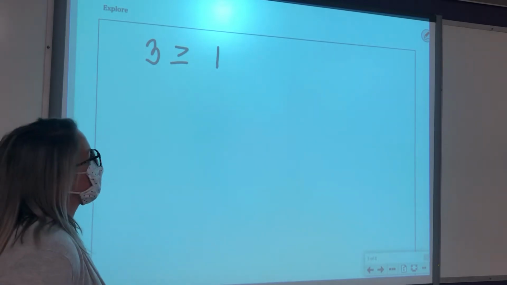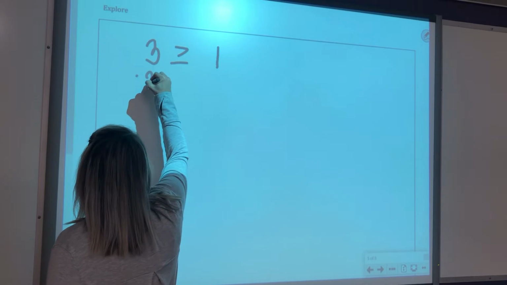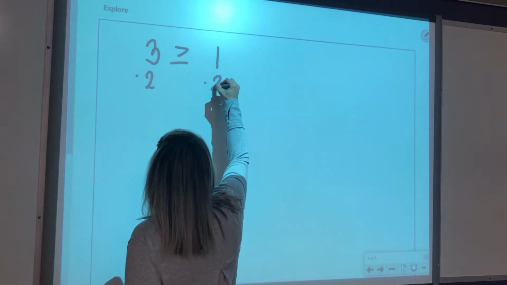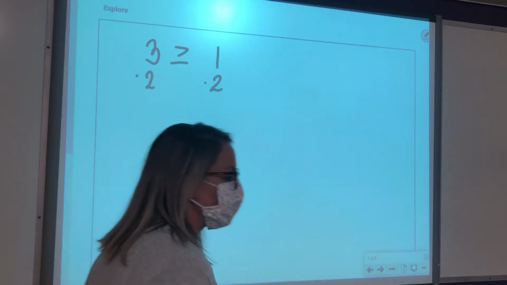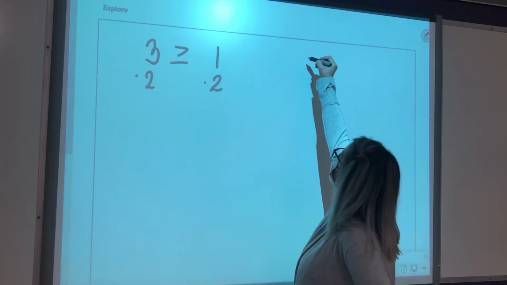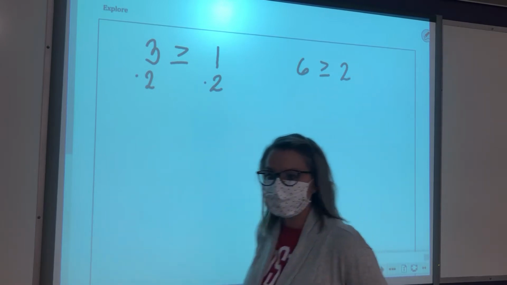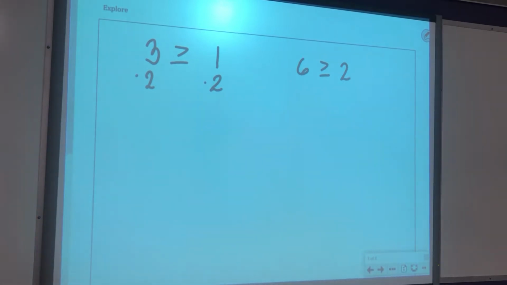What if I multiply this by 2 and I multiply this by 2? What do you get? You get 6 is greater than or equal to 2, which is still the same. True? Yes. They're within ratios of each other, correct?